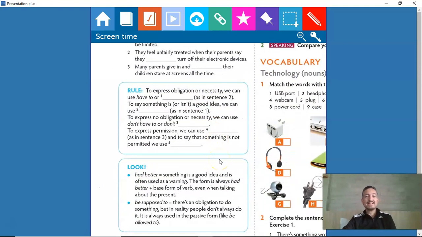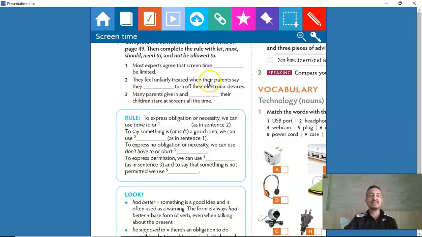To express obligation or necessity, we can use have to, or what I have here, we can use must, as in sentence 2. So here I can say their parents, they have to turn off or they must turn off their electronic devices.